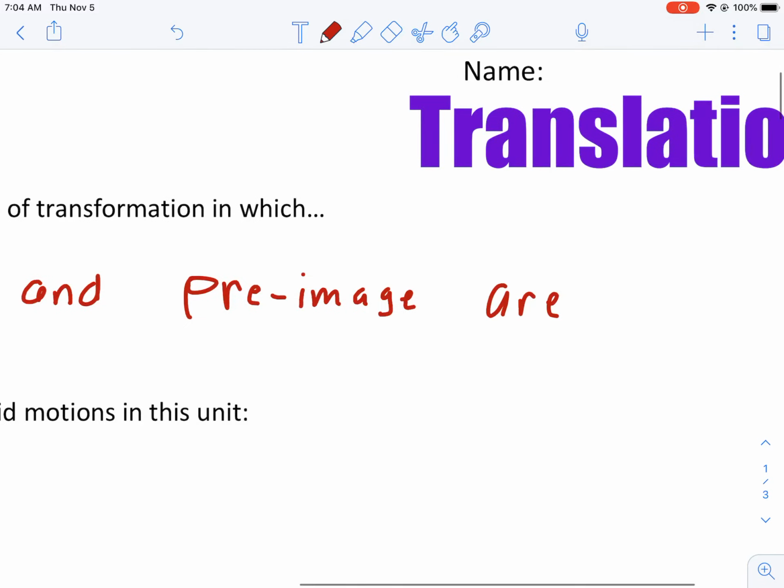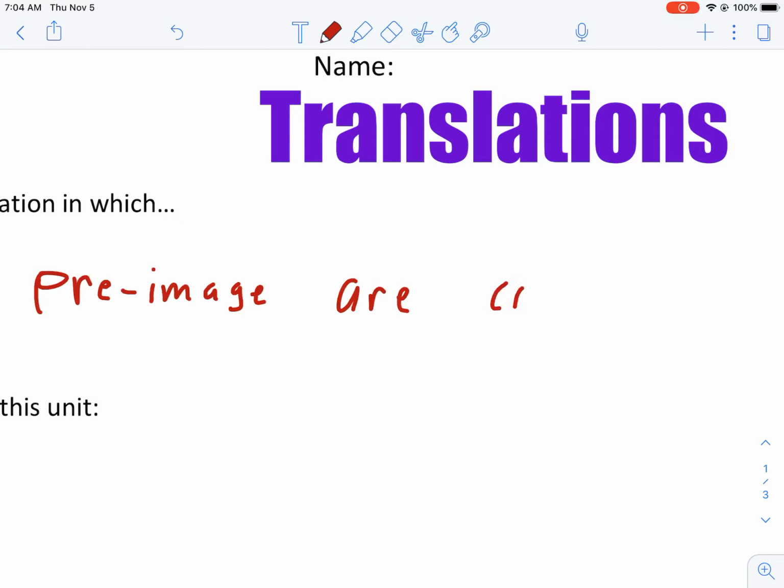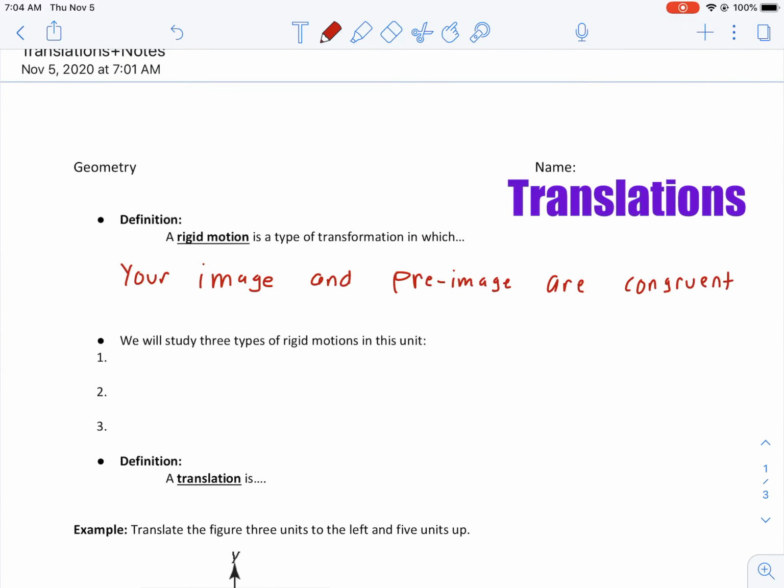And think about what congruent means, okay? Congruent means they're the exact same. Okay, so rigid motion is a transformation where the shape doesn't actually change, just its position changes.